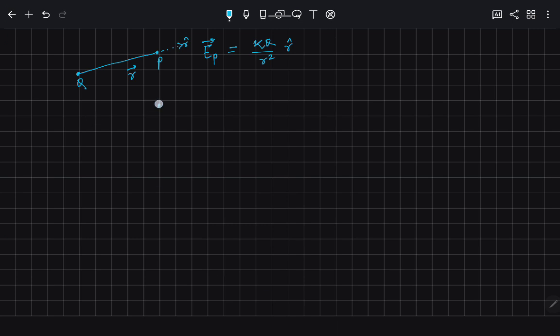Now, if I take a minus Q charge and I want to find out the electric field at this point, I will say that the electric field at point P is simply KQ by R square, where this distance is R, in minus R cap direction. Clear? These two things you have to take.